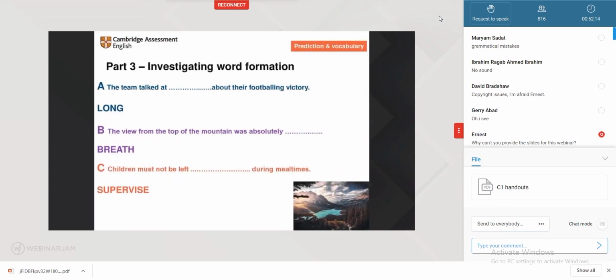Part 3, this comes in at B2. I think at C1 it can be quite challenging. Do you not think, Victoria? Yes, it is. At B2 it's the start of it, but then here it becomes more complex, of course. And how did you help your students to approach this?